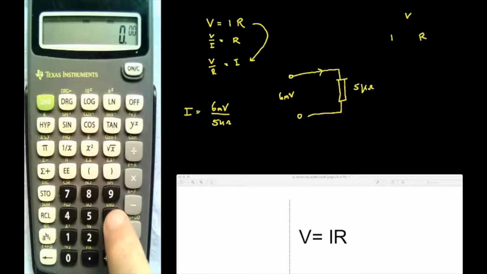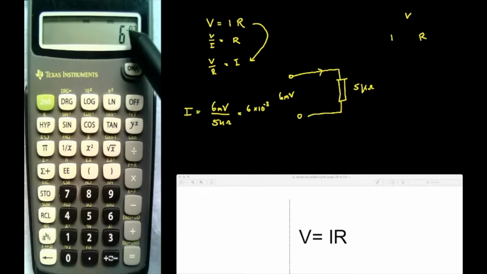So we enter 6 EE 3, and that's 6 kilovolts, but we want millivolts, so we press the change sign button. And now we've got 6 times 10 to the minus 3 on the top line. You can see the 6 and then the minus 3 shown there.